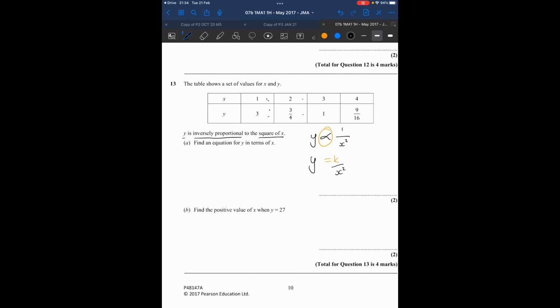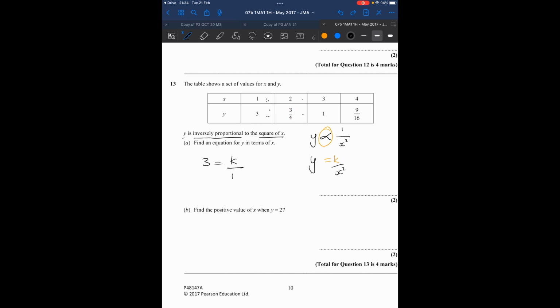Well, we want to use these values here. So I'm going to try and pick the first one, and I'm going to see what happens. So when y is 3, x is 1, I'm going to put those numbers into this one here. So when y is 3, it'll be 3 equals k, the constant, the missing number I need to work out, over x squared, which just means 1 squared, which really is just 1, isn't it?